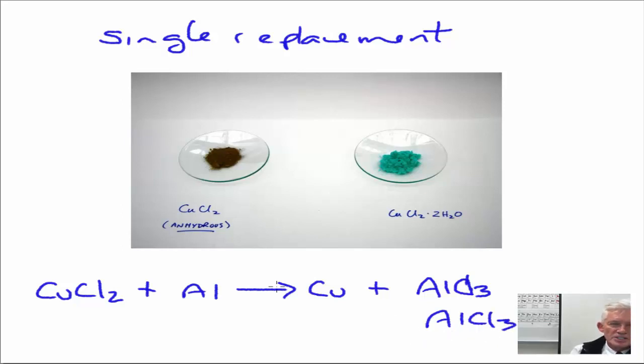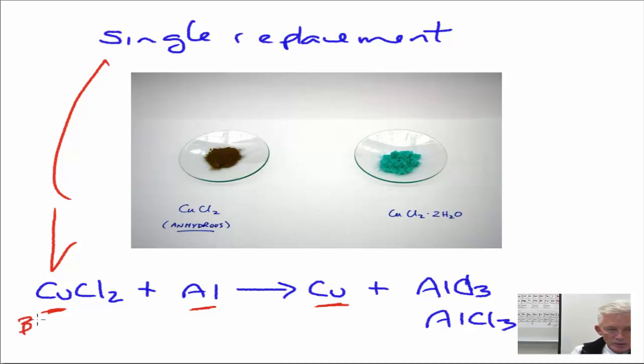And just so you realize what's going on here, when we said a single replacement reaction, this copper here is being replaced by aluminum to form aluminum chloride, and that is going to leave the copper atoms here, right? So the interesting thing to me, though, is that the copper solution itself starts off as being blue.